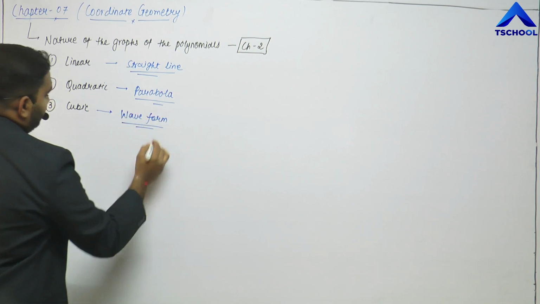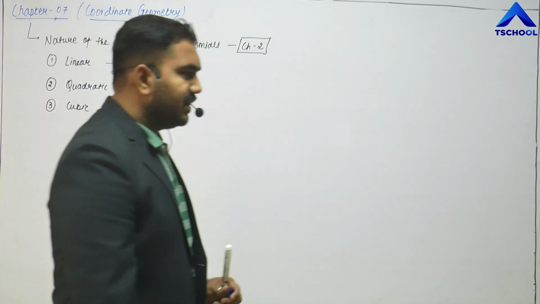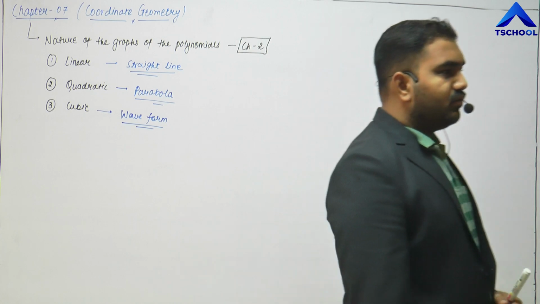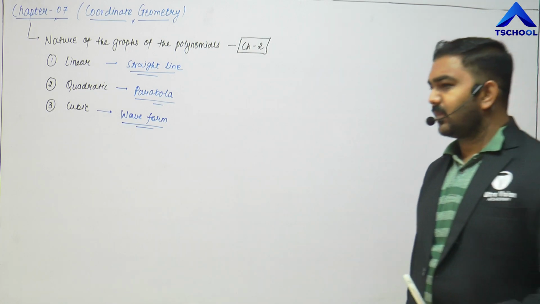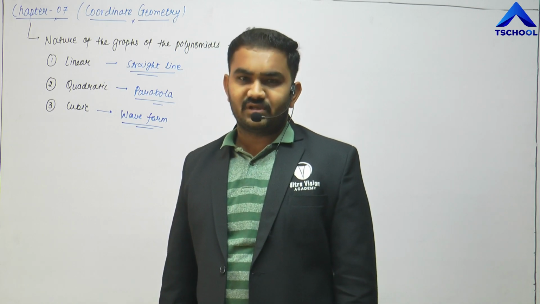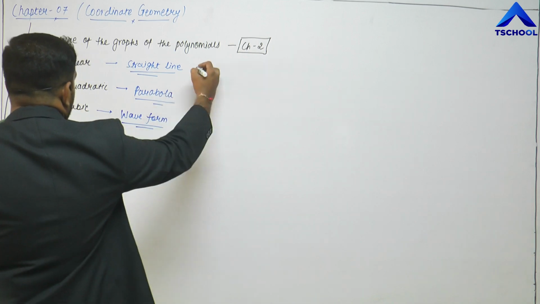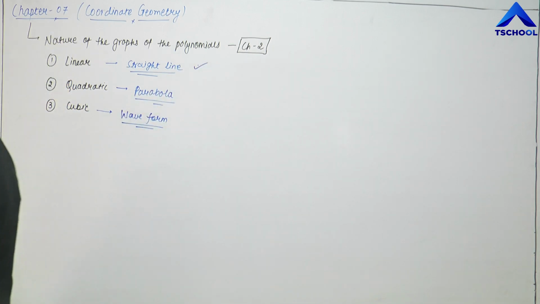right? This we need to recall, remember, because here in coordinate geometry we are going to deal with such graphs or such Cartesian planes consisting of graphs having a linear or a straight line, right?